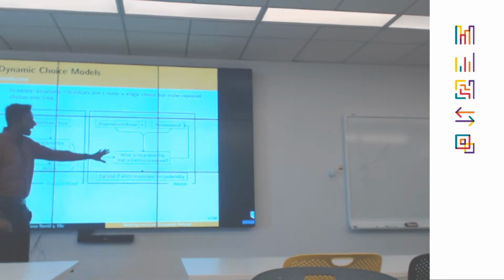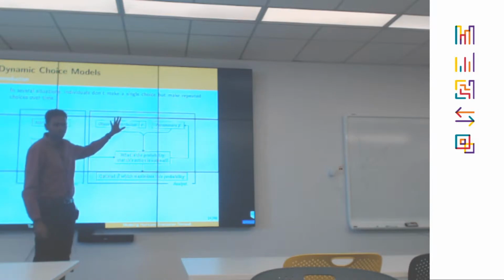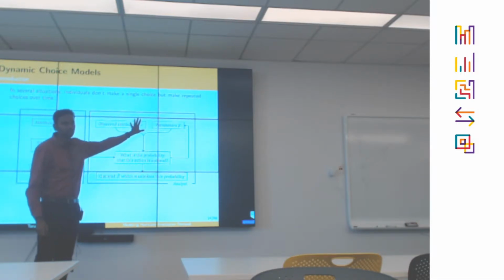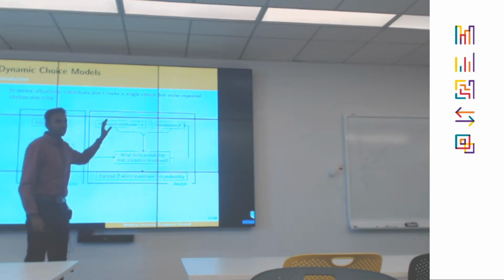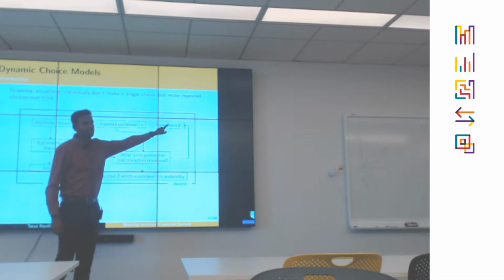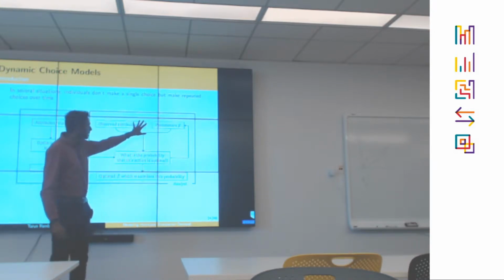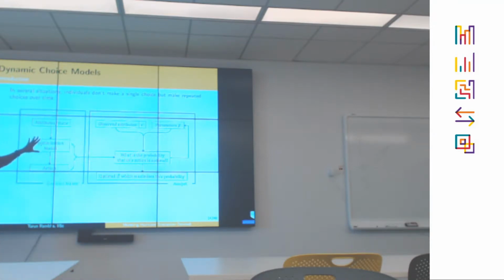Now, the analyst's world is a bit different. The attributes or states are not fully revealed. Just like in the static models, there are some observable components, and then there are these epsilon terms. So the analyst assumes that these observable attributes contribute to the utility function in a linear fashion, parameterized with these parameters beta, and these two together can address this particular question, assuming that the same model is being used.